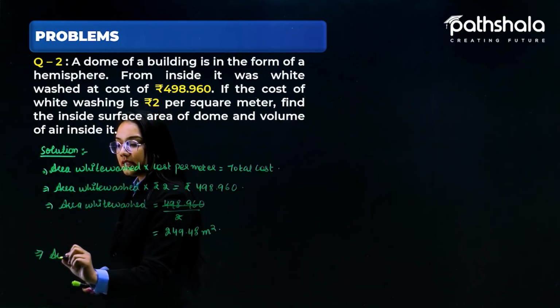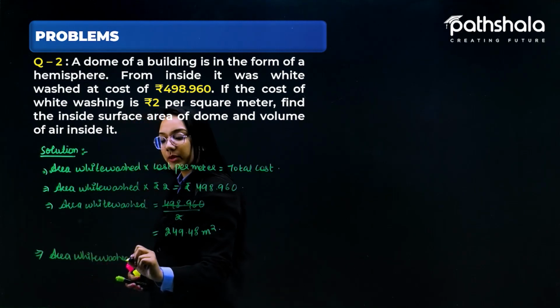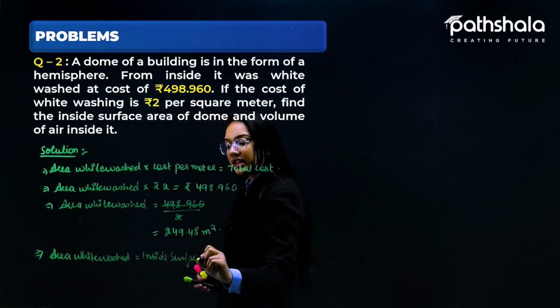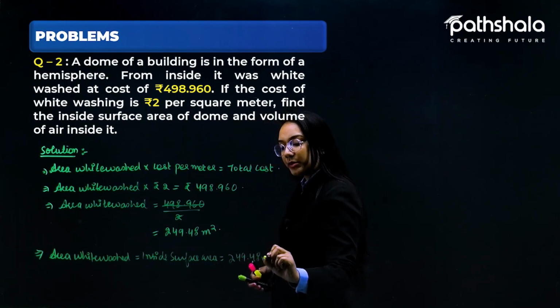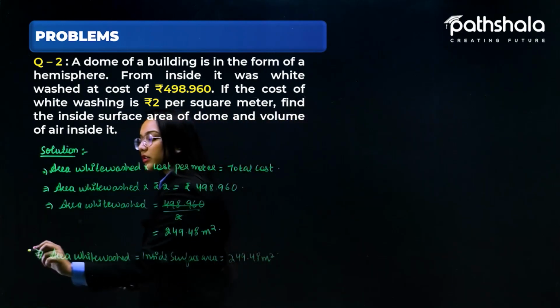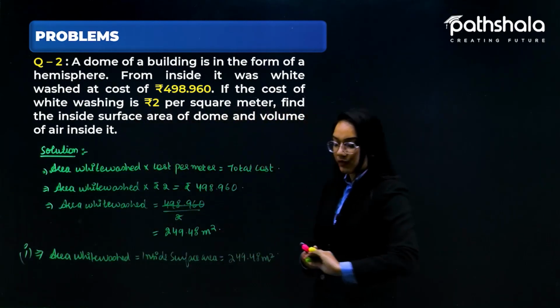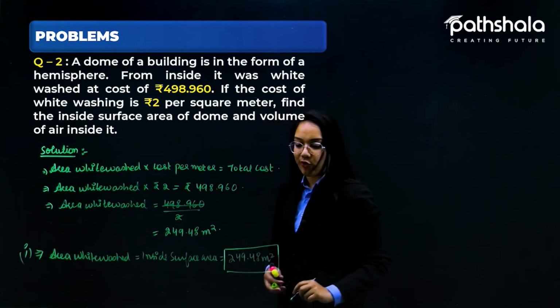It implies the area whitewashed is equal to the inside surface area, and it is 249.48 meters square. This is part 1 that we needed to calculate, the inside surface area.